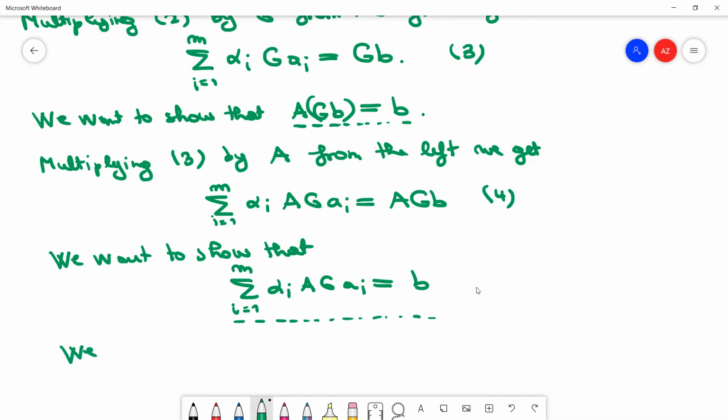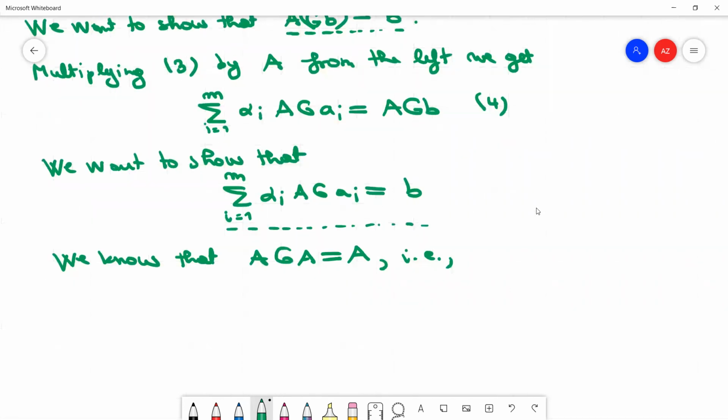So we know that AGA equals A, or in the column notation, we can write AG, and for A, we use this column decomposition, A1, A2, up to AM. This is equal to A1, A2, up to AM.